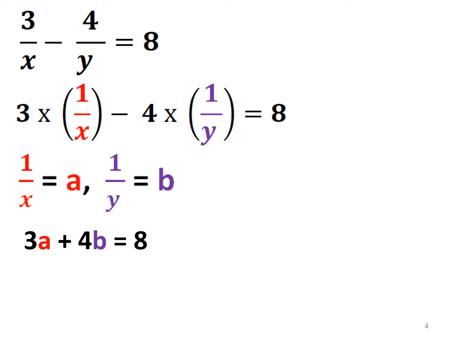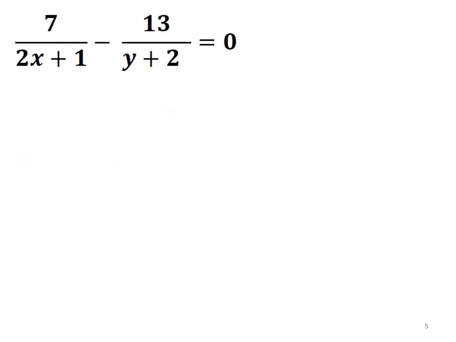Let's do one more example. 7 upon 2x plus 1 minus 13 upon y plus 2 is equal to 0.